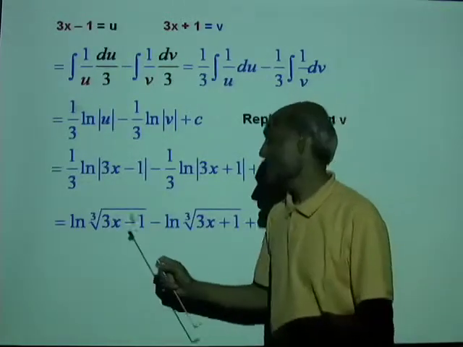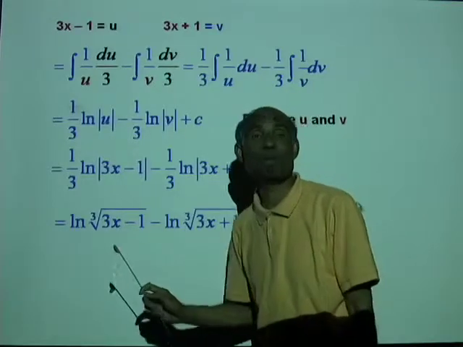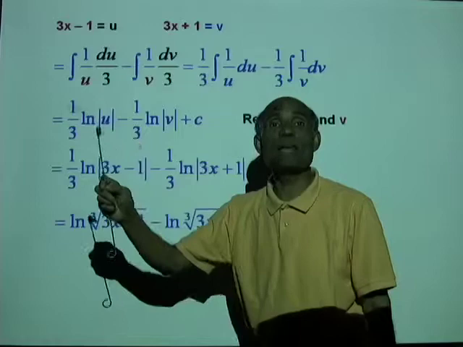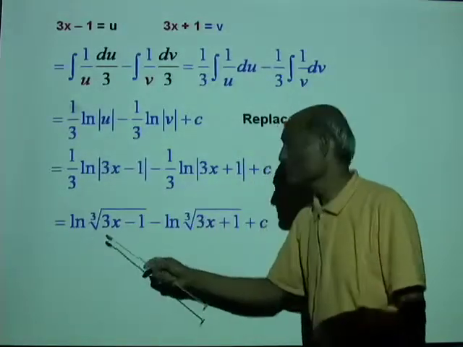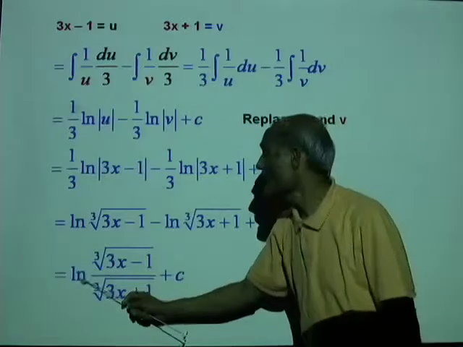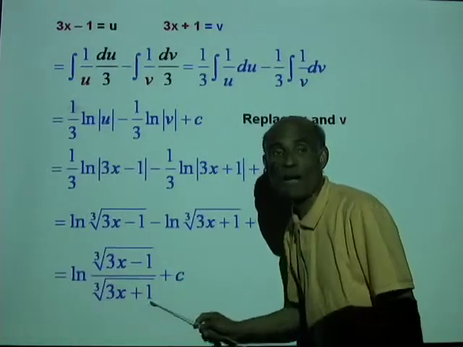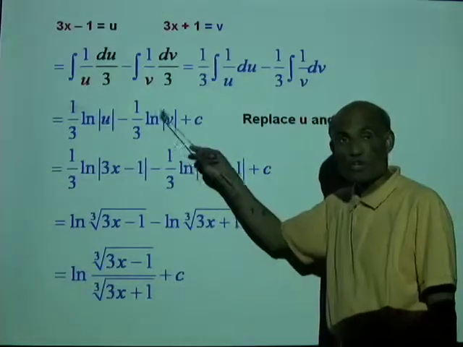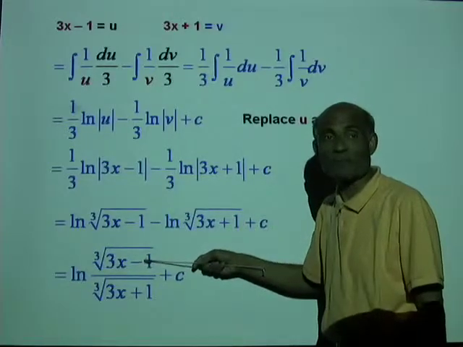How do you combine these using another property of logarithm? Ln a minus ln b is ln a over b. So this will now be ln cube root of 3x minus 1 divided by cube root of 3x plus 1 plus c. You can see we are using a lot of properties of logarithms in here.